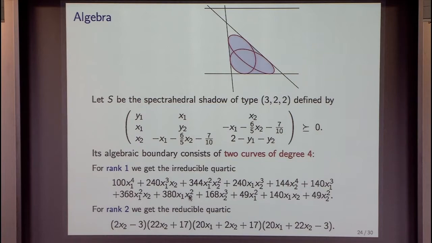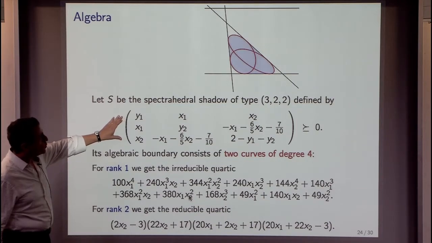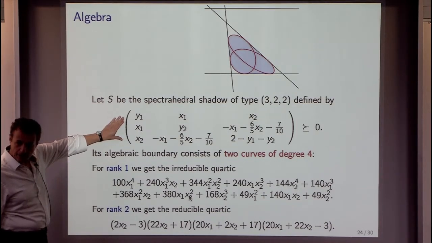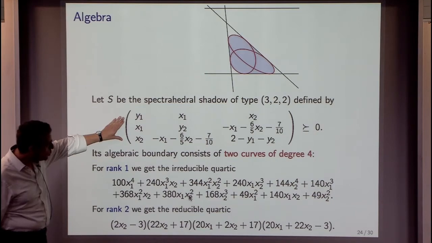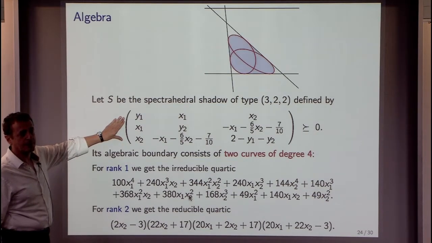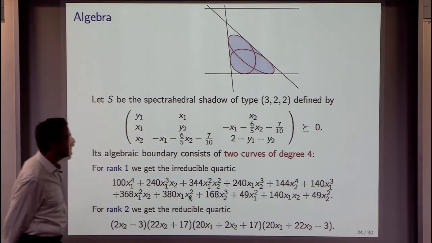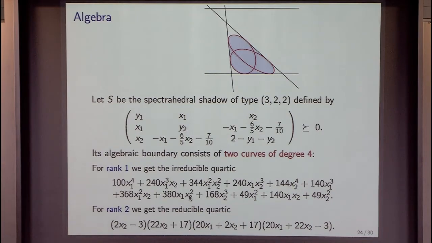Okay, so let's take this example. Here's a spectrahedral shadow of type 3, 2, 2. 3 is the size of the matrix. There are 2 x variables, and there are 2 y variables that I eliminate. So this formula describes a four-dimensional spectrahedron of degree 3.